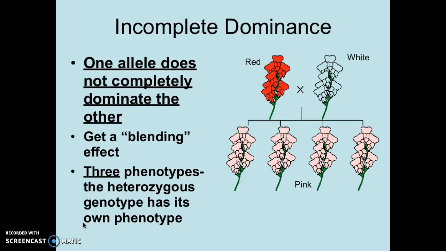When you pause the video, I want you to fill in where you see the open bullet there. Fill it in with this top bullet that is underlined. And notice you need to also fill in where it says 3 phenotypes. Then I want you to solve the 3 crosses that are there. Notice this has to do with the snapdragons, and the red is noted as capital R, the white as capital R prime, R prime.